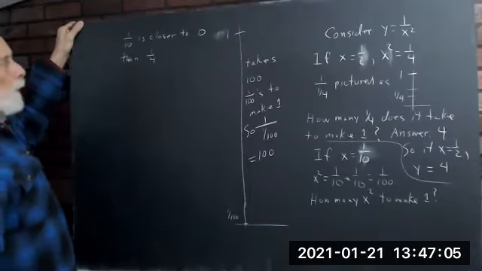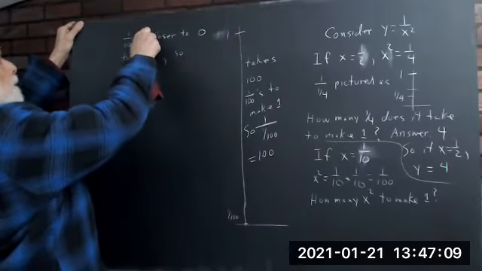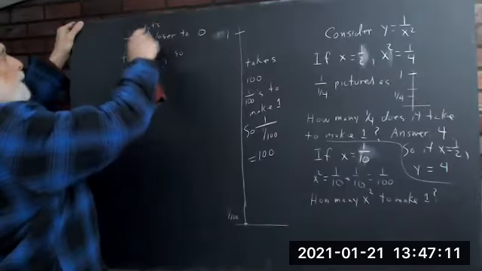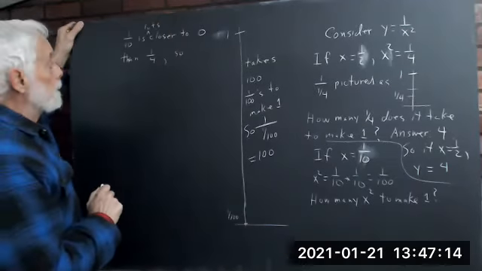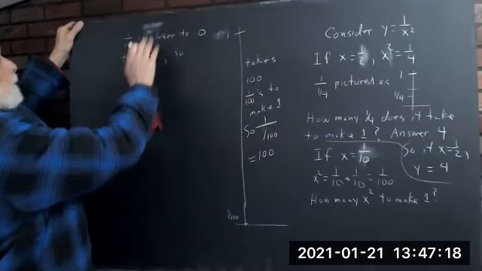One-tenth is closer to 0 than 1/4. And it's lots closer to 0 than 1/4.